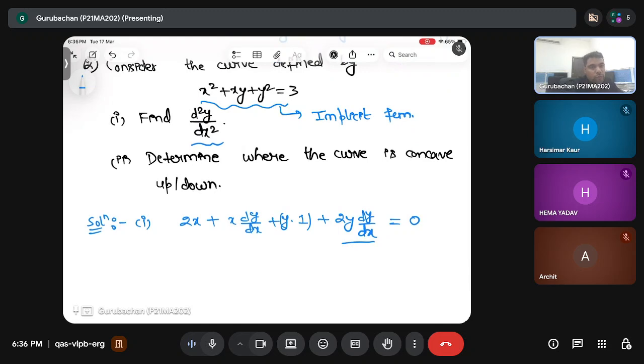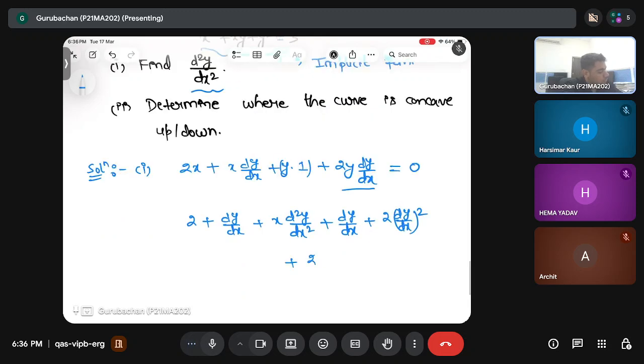Next, since we have to find the double derivative, we can again differentiate the equation. So it will be 2 plus dy by dx plus x times d2y by dx square plus dy by dx plus 2 times dy by dx whole square plus 2y d2y by dx square equal to 0.